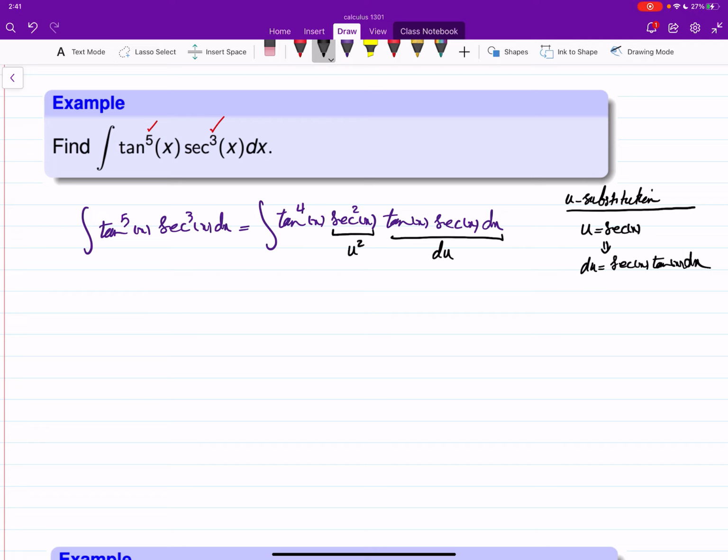How about tan to the power 4? That is something new for us here. For that, we know what to do. We have an identity which says tan squared x is secant squared x minus 1. You say that's for tan squared, how about tan to the power 4? Well, we can deal with tan to the power 4 by doing this: tan to the power 4 is tan squared, then squared.